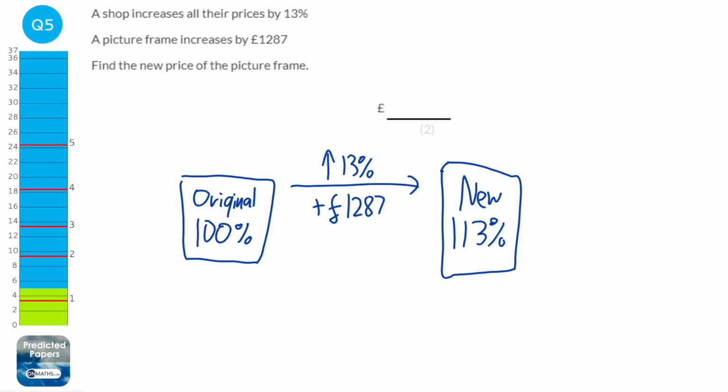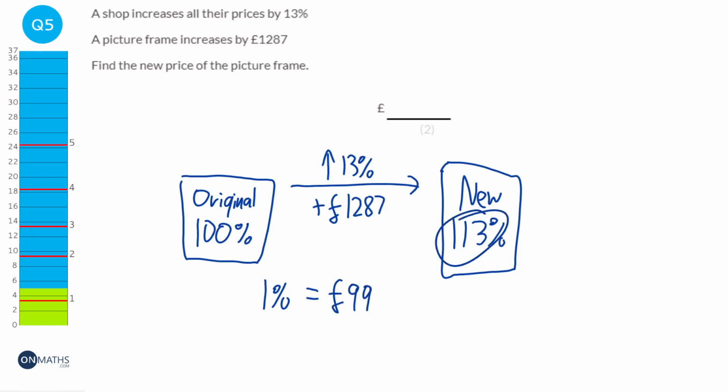So what we're going to do is we're going to work out what 1% of the price increase is. Instead of 13%, we're going to work out what 1% is. And we're going to do that by dividing the amount by 13, and we get 99. So 1% represents £99, so 1% of the original represents £99.